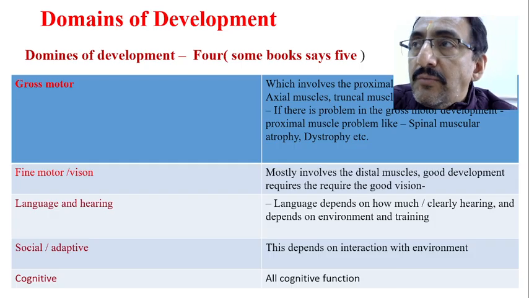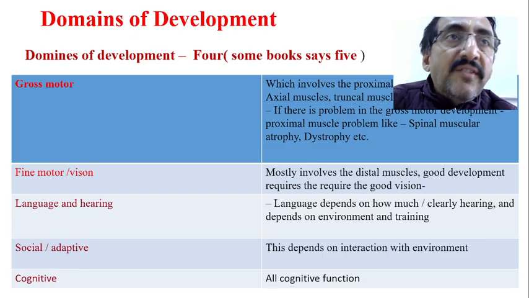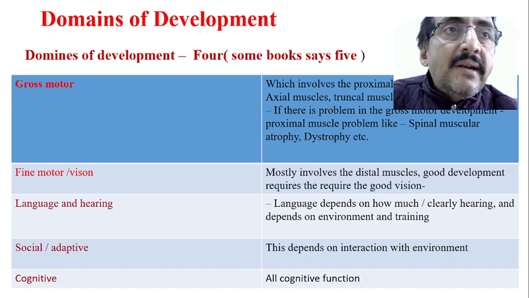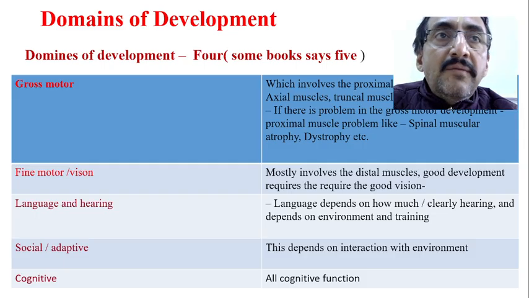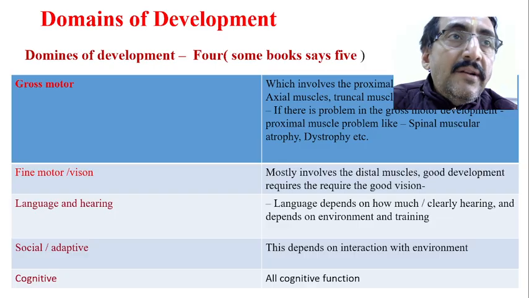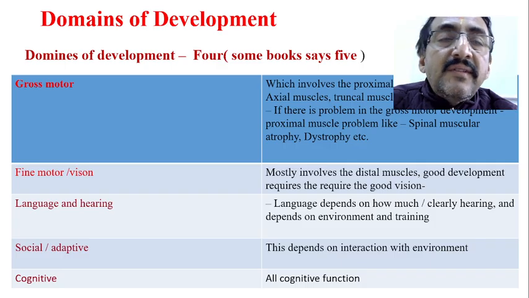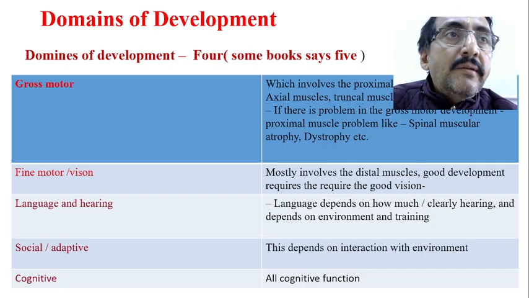First, the gross motor domain. This involves most of the proximal group of muscles. Of course, muscles are governed by the nerves supplied from the CNS, we know, the spinal nerves. If these muscles are okay, that suggests that gross motor is okay.